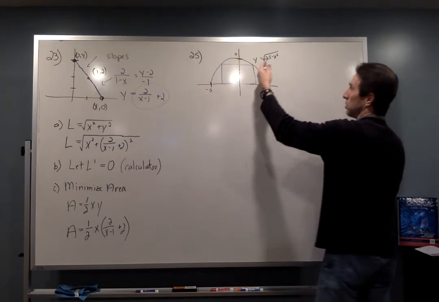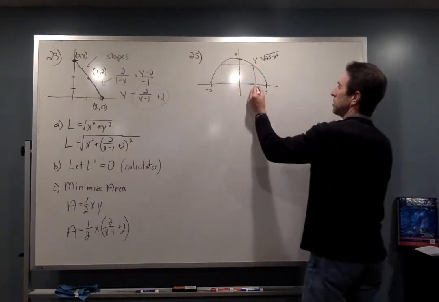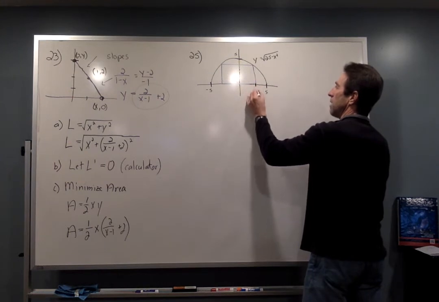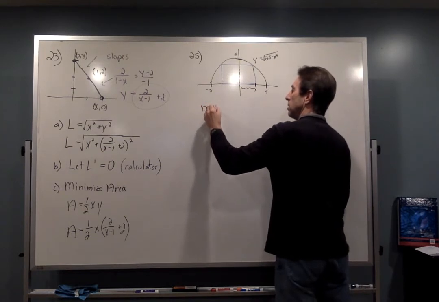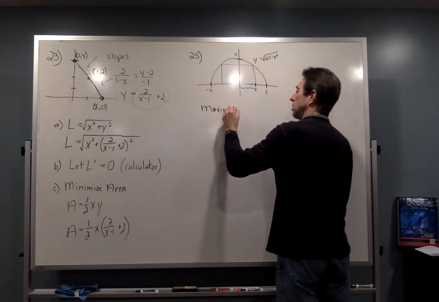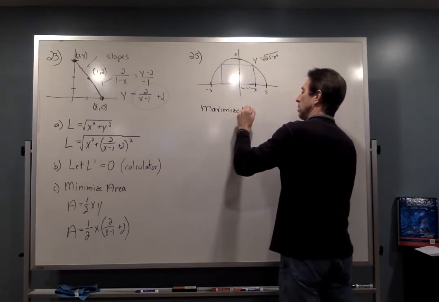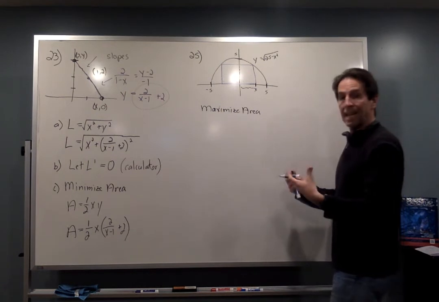So that's a semicircle. It's the top part of the circle. What we have for the rest of it is this is some value x. We don't know it. But if we want to maximize area, that's always going to be our first step if we can identify it.